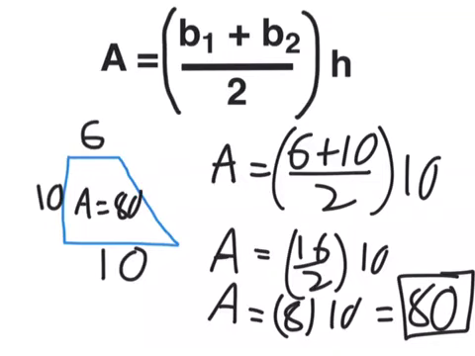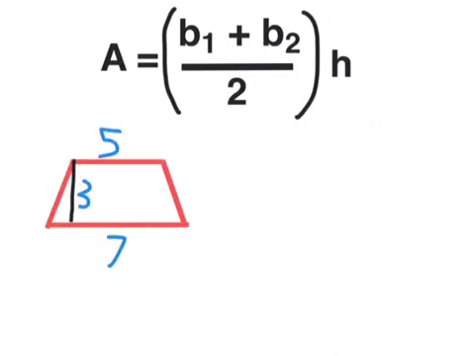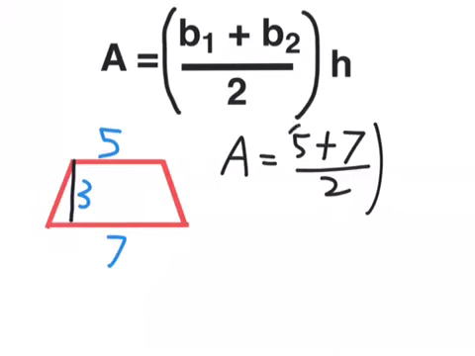All right, one more. Let's take a look at this trapezoid. Okay, so on this one we have base 1, base 2, and here is the height. So again, area is the length of base 1 plus the length of base 2, all divided by 2, times the height.